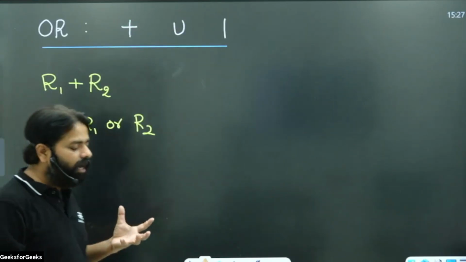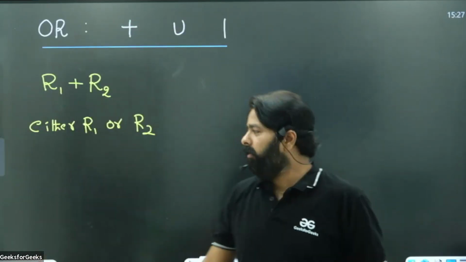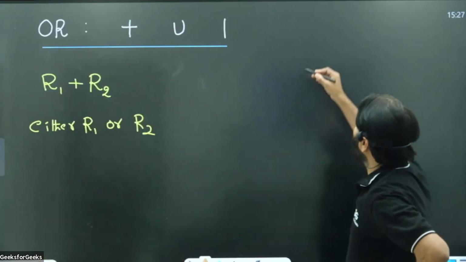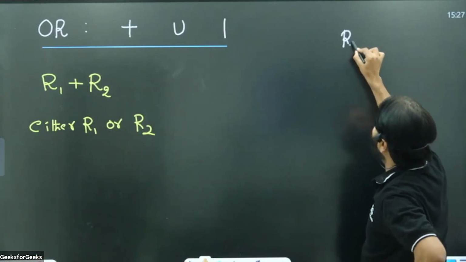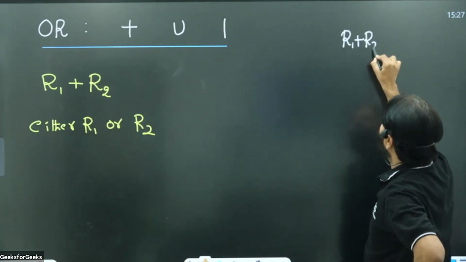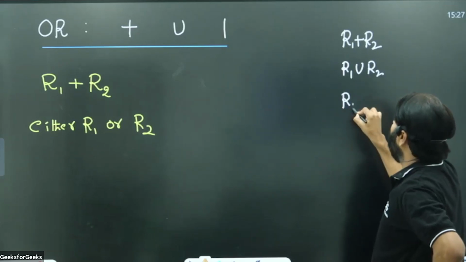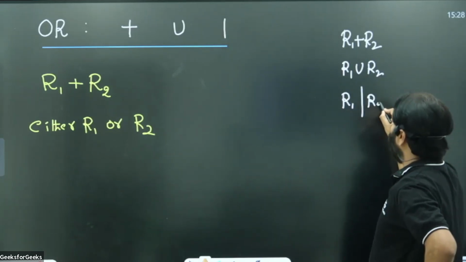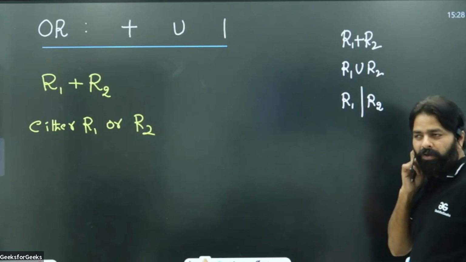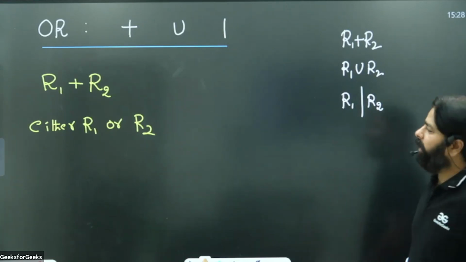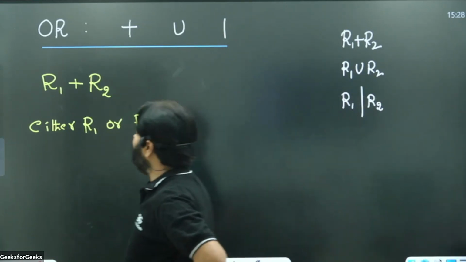Are we ready? The first operator we are discussing is R1 plus R2. Anybody wanting to represent R1 plus R2 can write R1 plus R2, R1 union R2, or R1 bar R2. All are the same. What is the meaning of that? If you write R1 plus R2, what does it generate?